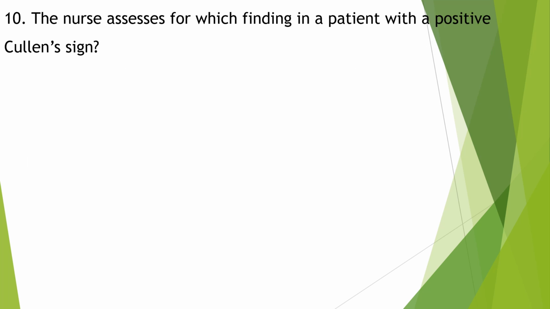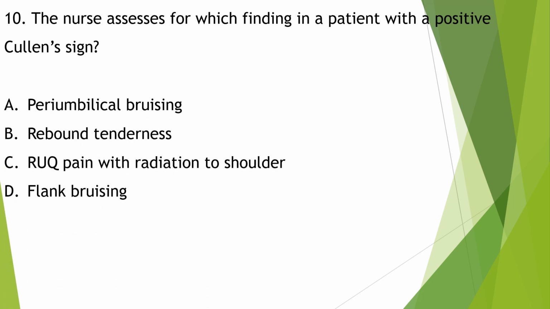The nurse assesses for which finding in a patient with a positive Cullen sign: periumbilical bruising, rebound tenderness, right upper quadrant pain with radiation to the shoulder, flank bruising. A positive Cullen sign is bruising around the periumbilical area.